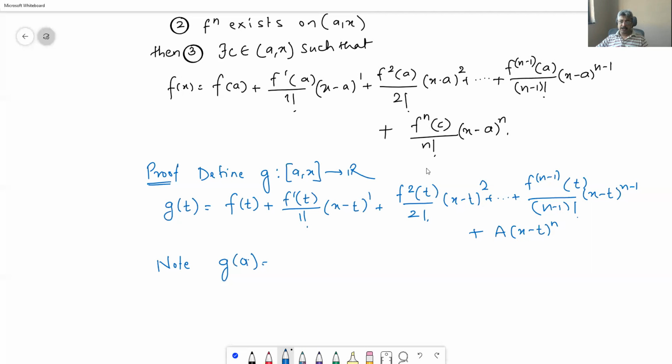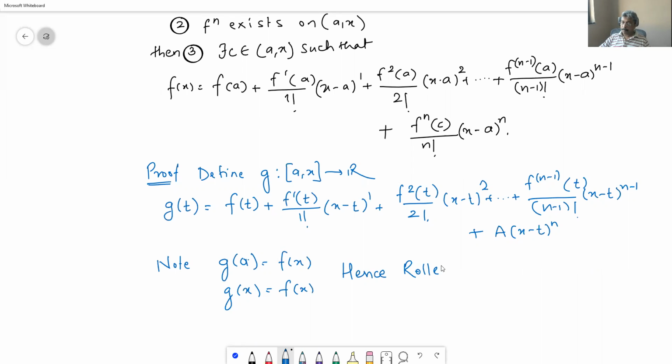So if we do not know the statement of this theorem and we write some constant here, then these two statements are the same, and therefore f of a is equal to g of a is equal to f of x, and g of x, if we substitute, then every term after this is 0, which is equal to f of x.